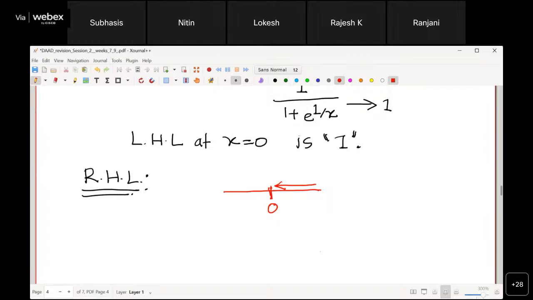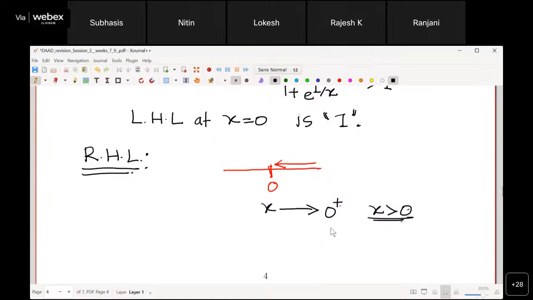This is the way we find the right hand limit. In that case, our x is always positive, or greater than equal to 0.